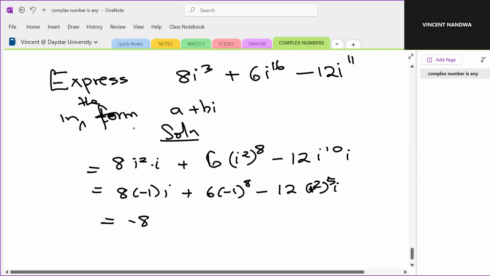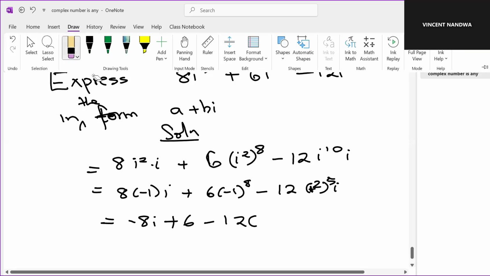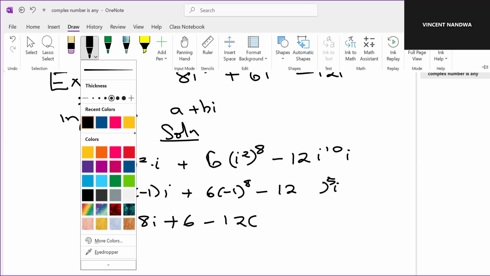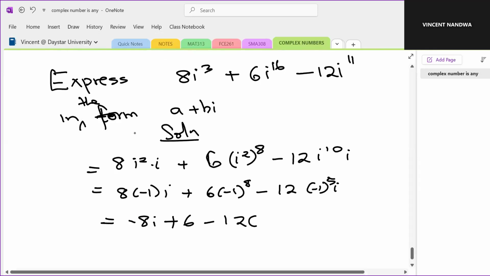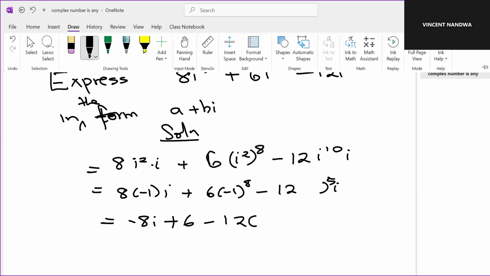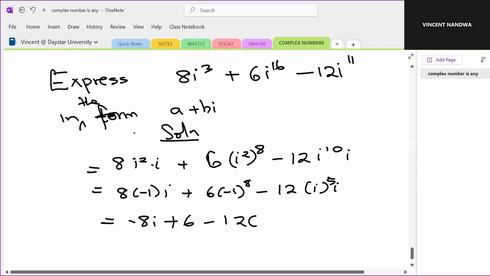So the first part will give me minus 8i. Now minus 1 raised to power 8, 8 being an even number, makes me have positive 1. So I have 6 minus 12. Now i squared is minus 1, and when I raise minus 1 to power 5, I get minus 1 because 5 is an odd number. So minus 1 power 5 times i.